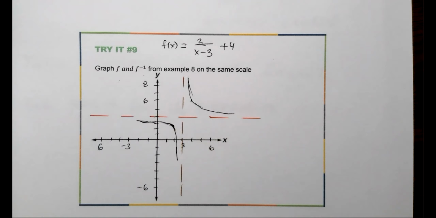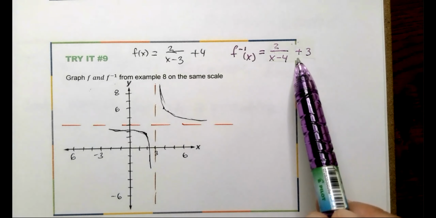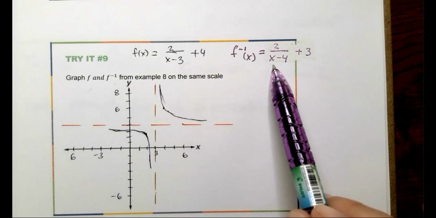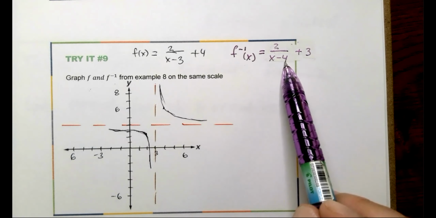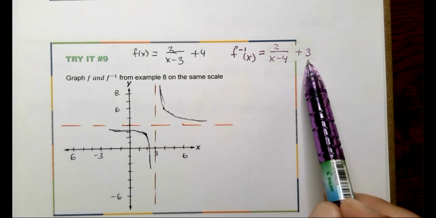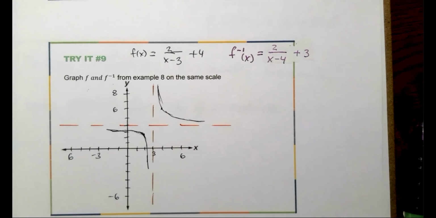So now I'm gonna graph the inverse. Again, the inverse is also a transformation of 1 over x, but it is moved 4 to the right and 3 up. And yeah, stretched by 2.